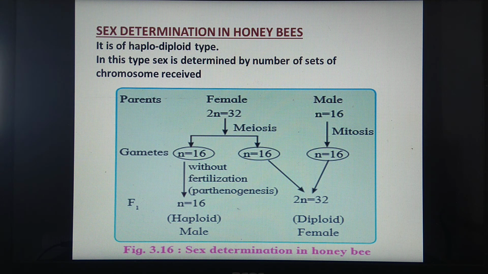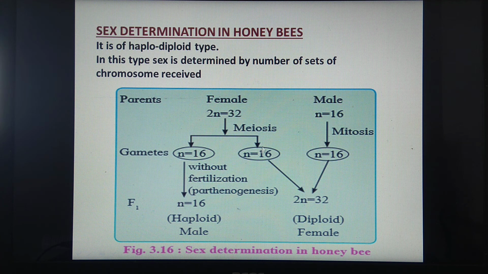Now we will see how the determination of sex takes place. As we have seen, females are diploid, 2n is equal to 32 chromosomes. During gamete formation, meiosis takes place, that is reductional division takes place, and hence the gamete formed consists of n is equal to 16 and the second gamete will also consist of 16 chromosomes.